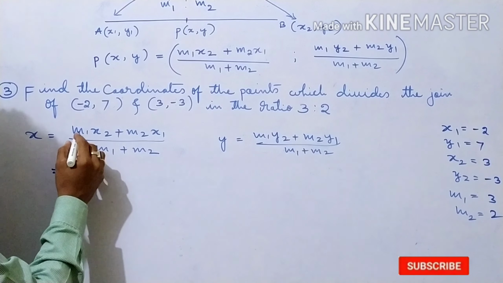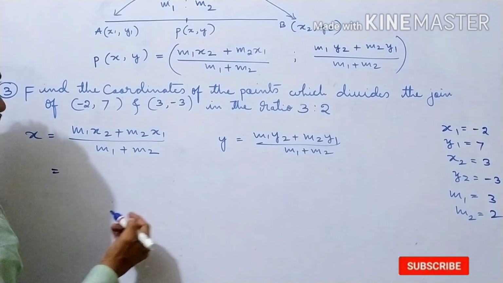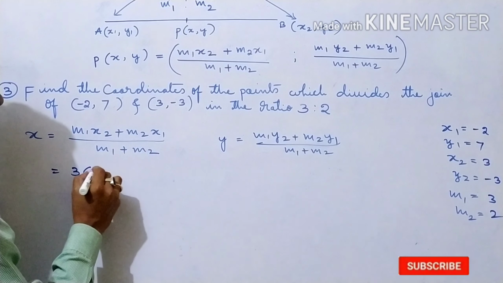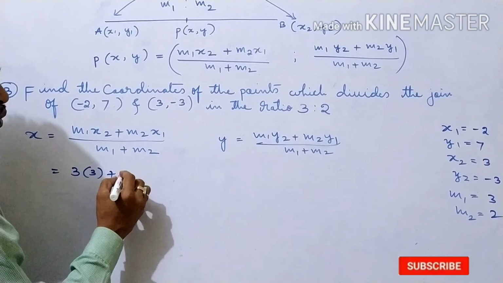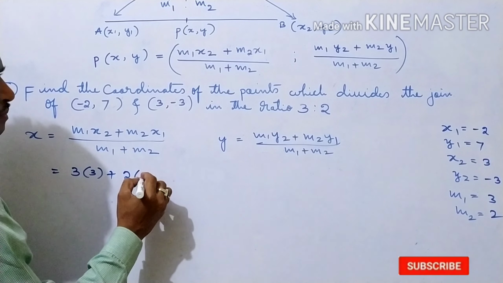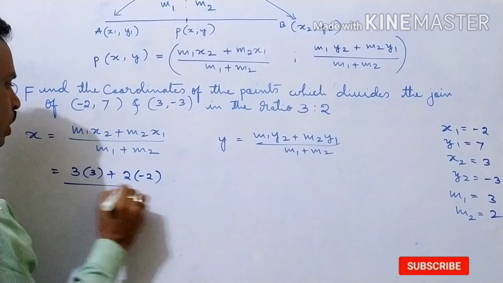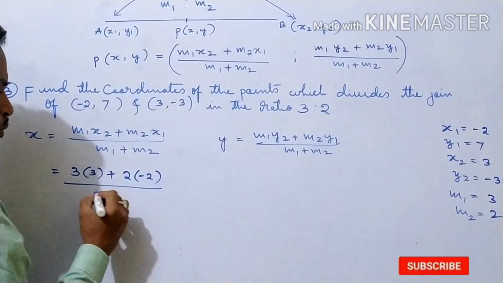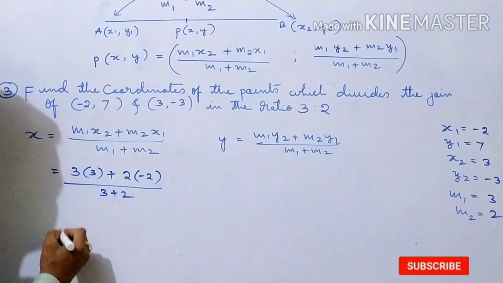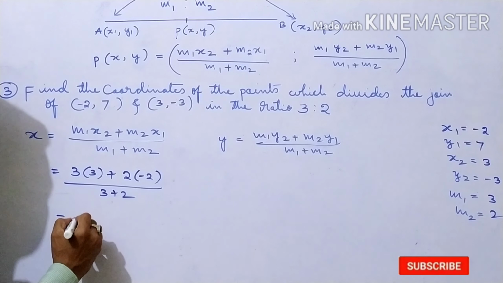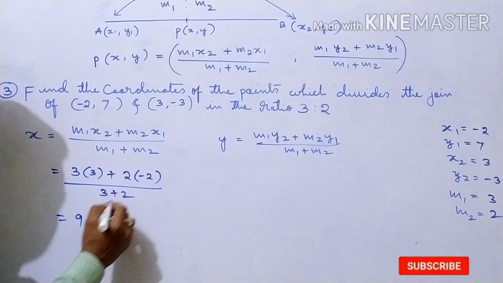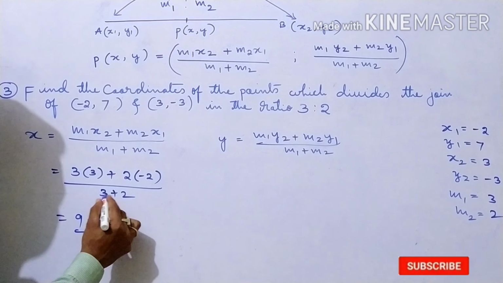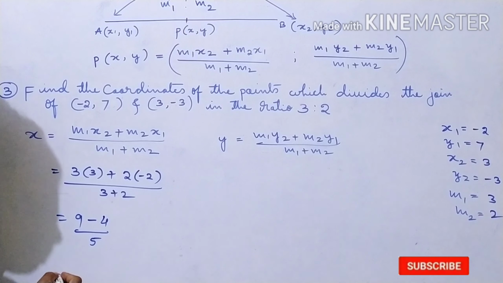So m1, what is there? 3 into x2, 3, plus m2, 2, x1, minus 2, whole divided by m1 plus m2. m1 is 3, m2 is 2, 3 plus 2. Now multiply: 3 threes are 9, plus 2 into minus 2 is minus 4, divided by 3 plus 2, 5.